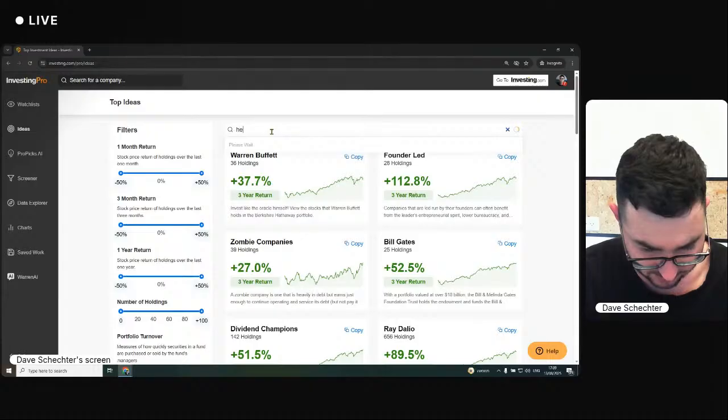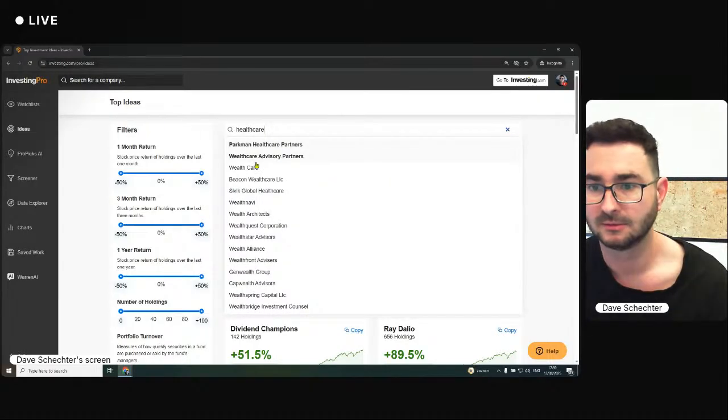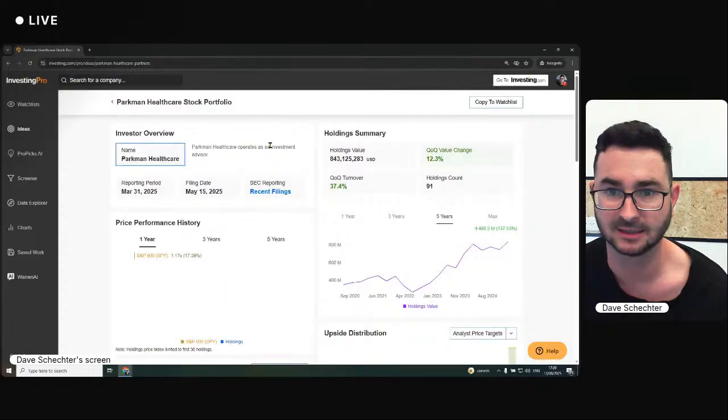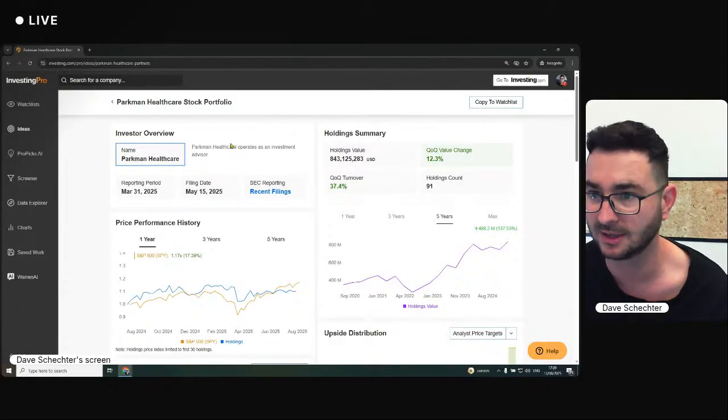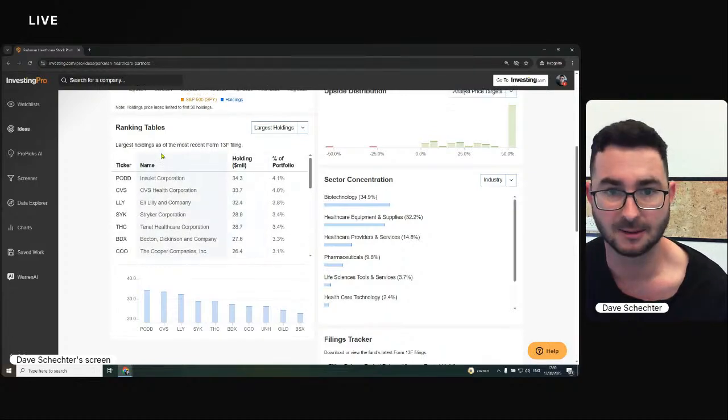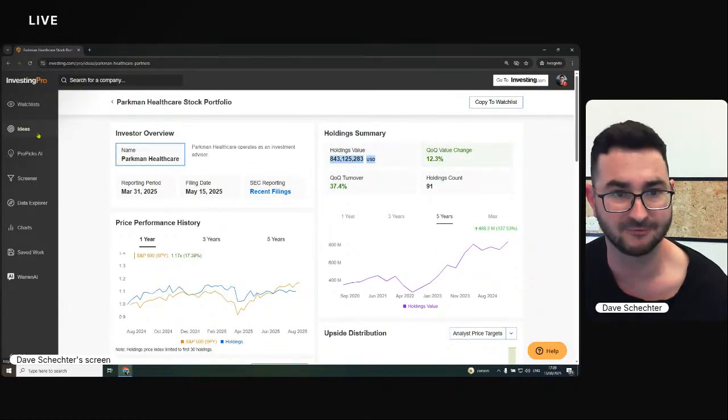Let's say I want to look for healthcare. So here, let's take a look, Parkman Healthcare stock portfolio. This is how much money is inside that portfolio. Here's the sector concentration, and here are the largest holdings inside this particular portfolio. So again, just a really good place for idea generation.